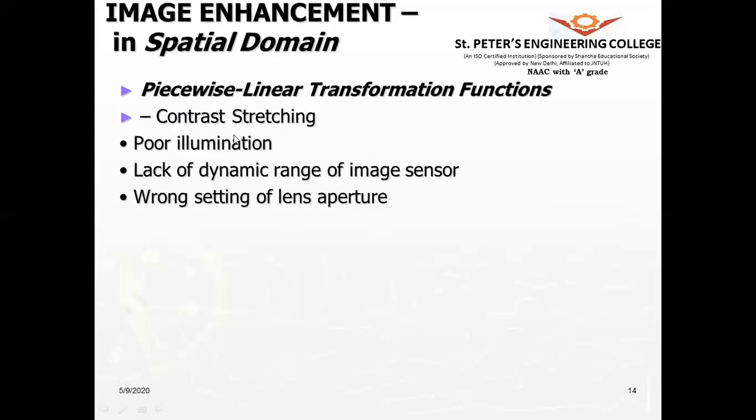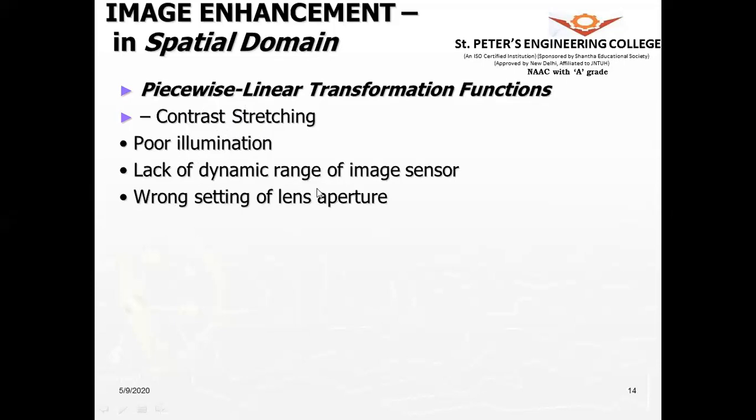Why we do contrast stretching is, as I said, if you take an image and you don't have proper lighting, you want to brighten that. So you will use this technique called contrast stretching. For poor illumination, you can use contrast stretching.